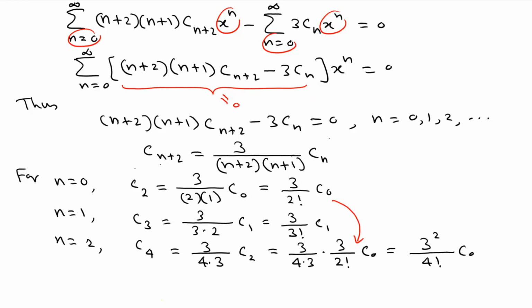So let's keep going and find a few more values until we see a pattern. You can stop whenever you see the pattern. For n equals 3, you get C5, which is 3 over 5 times 4, C3.